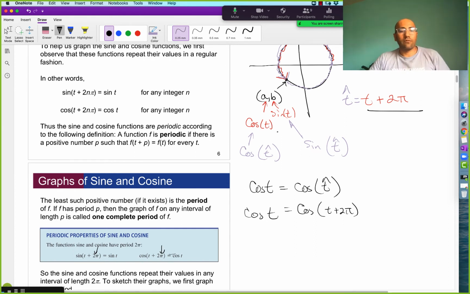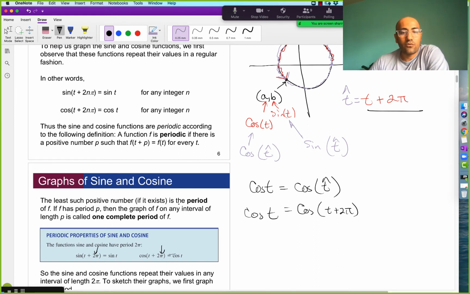And so that's true for any integer value, n, so that I end up adding multiples of 2 pi. So if n equals 1, that's going to be 2 pi. If n equals 2, that makes it 4 pi, or 6 pi, or 8 pi. So I'm adding full circles, full laps to any t value. So this shows how the same outputs are going to be repeated. So it's periodic, right? That's what this is driving at.